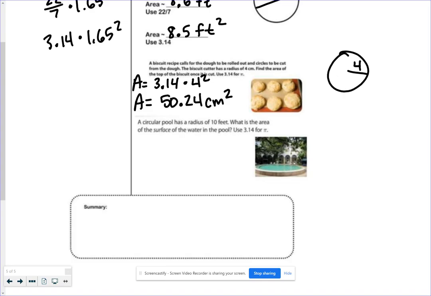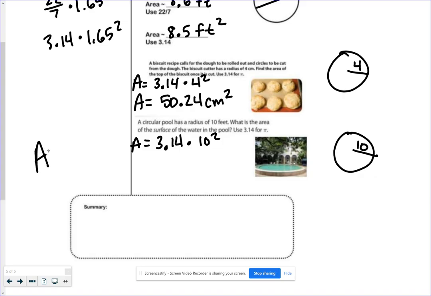All right, our last problem. A circular pool has a radius of 10 feet. What is the area of the surface of the water of the pool? Use 3.14 for pi. So we're going to use 3.14 again. 3.14 times 10 squared. And we can use 10 just like the last one, because that's the radius.